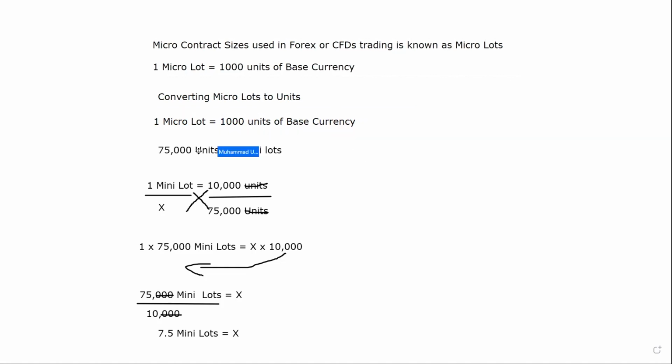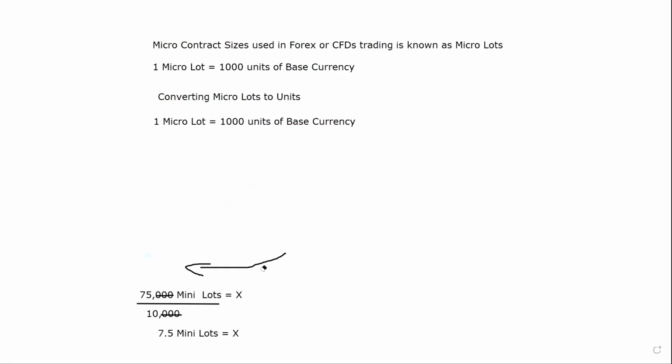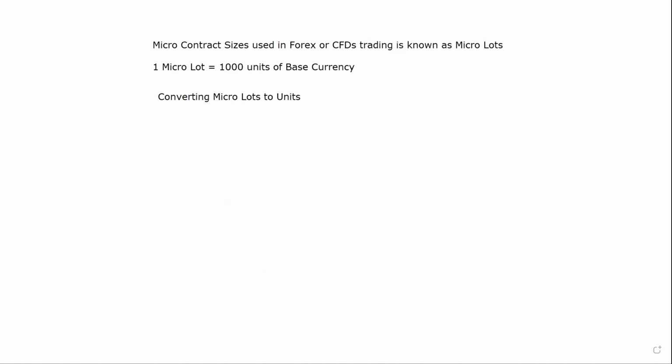All right. So as we know, one micro lot is equal to 1,000 units of base currency. Okay. So we're going to remove "of base currency" and make it simplified. All right.